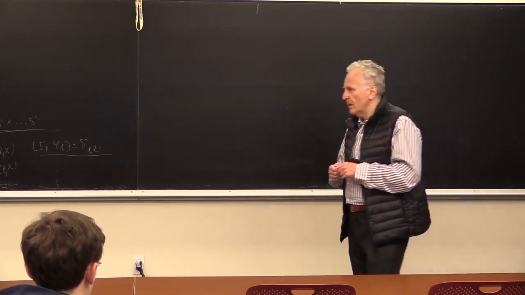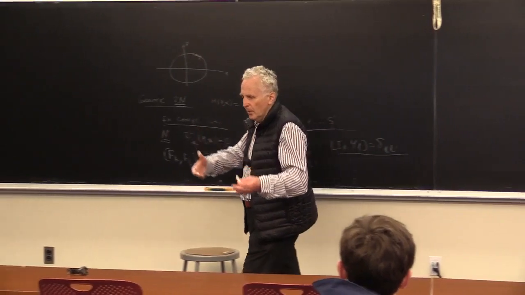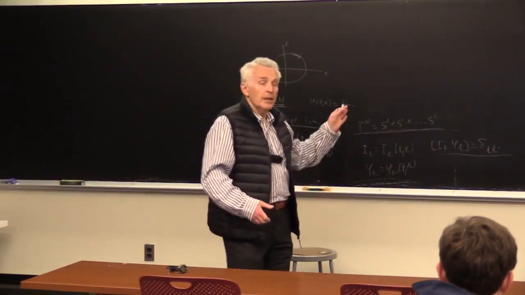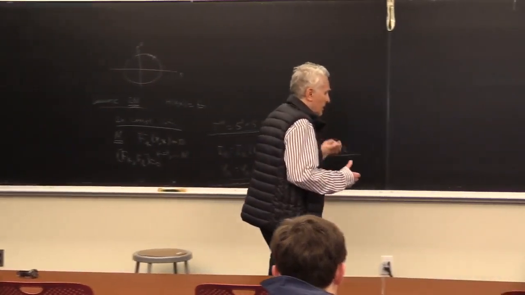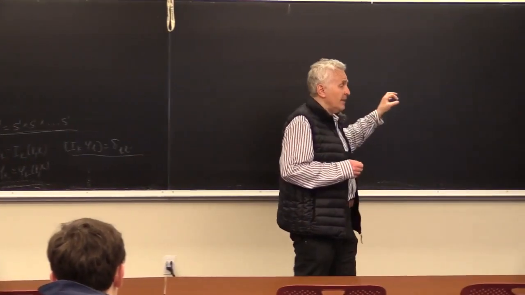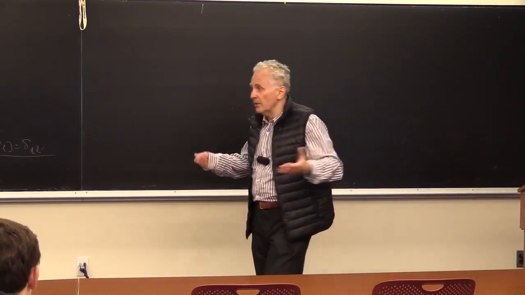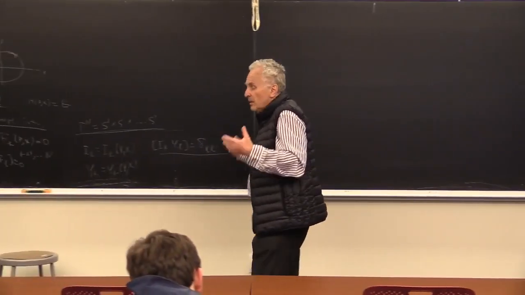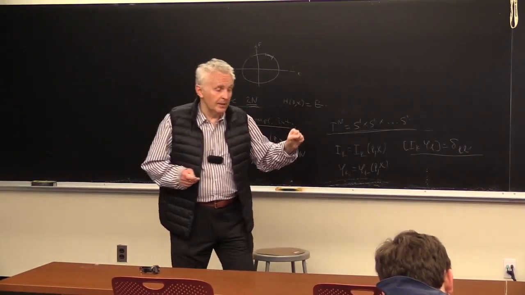So L squared and L_z. Yes, right. And H, the Hamiltonian itself, they make three conserved integrals, and so it's an integrable system. And now you add the influence of other planets, and obviously you don't expect it to be integrable, and it is not. But it is a small perturbation.